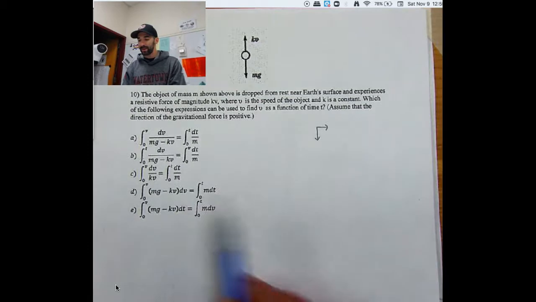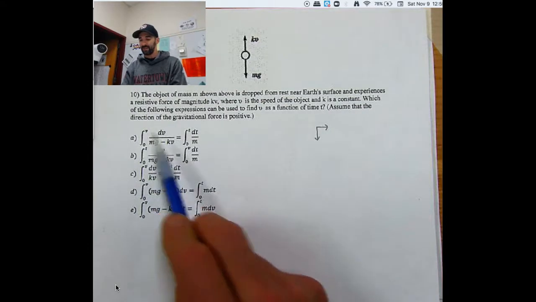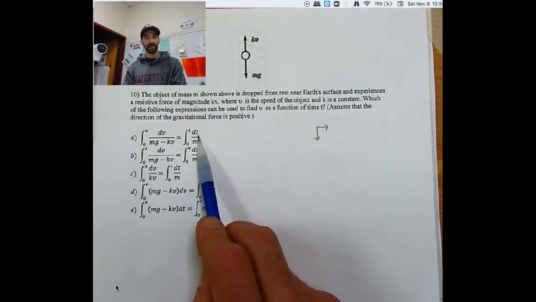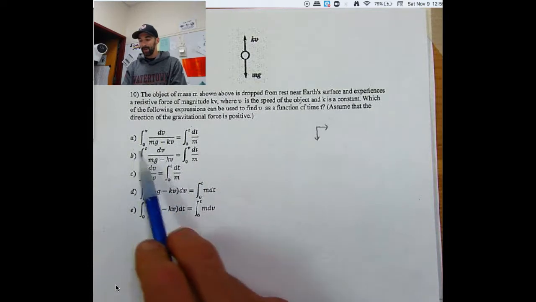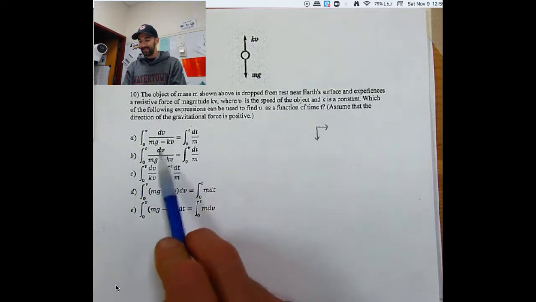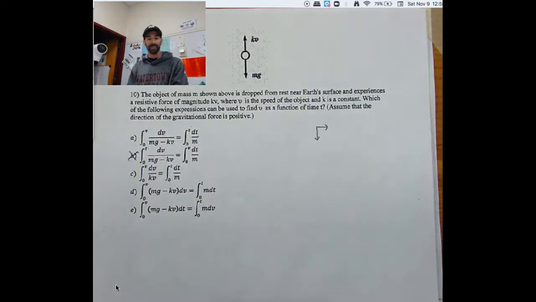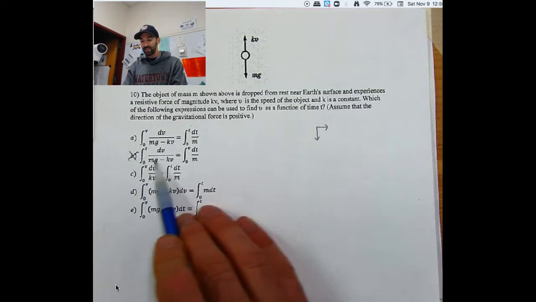If I look at all my answers, A is integrating, taking the antiderivative from 0 to v and 0 to t, and v is my variable there, t is my variable there, so that one's possible. 0 to t, 0 to v, but my variable here, dv, does not match. So that is not a possible solution. This would be taking the antiderivative of essentially nothing.